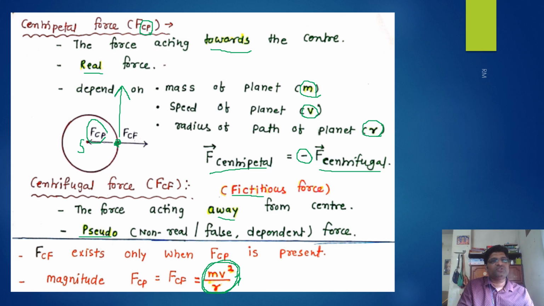Good. So when you are driving your car along a curved path, for example, here this is a curved road this way, so we have to take a turn towards this side.